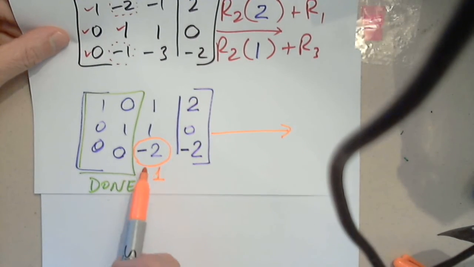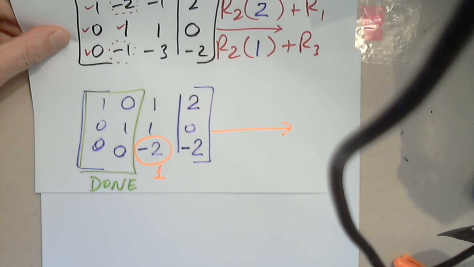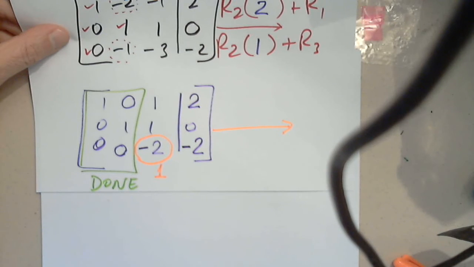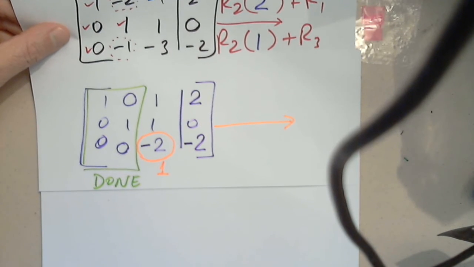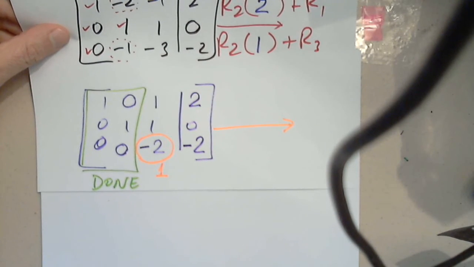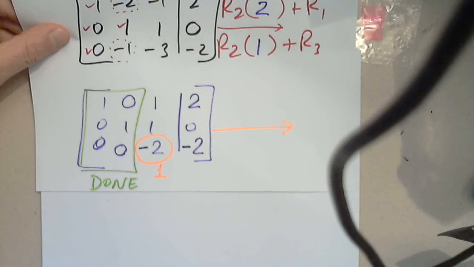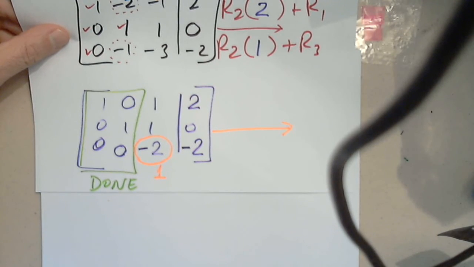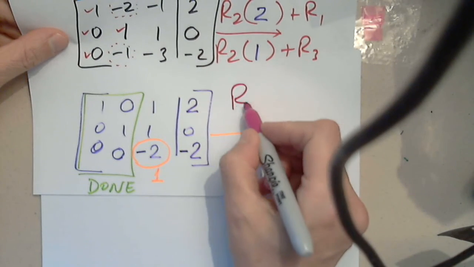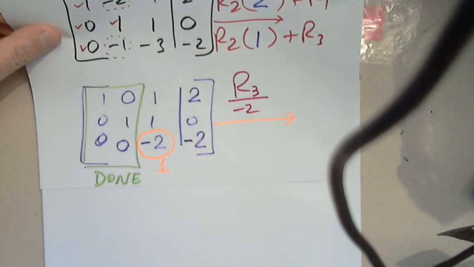What should I do to make this one a 1? We will divide by -2. Divide row 3 by -2.